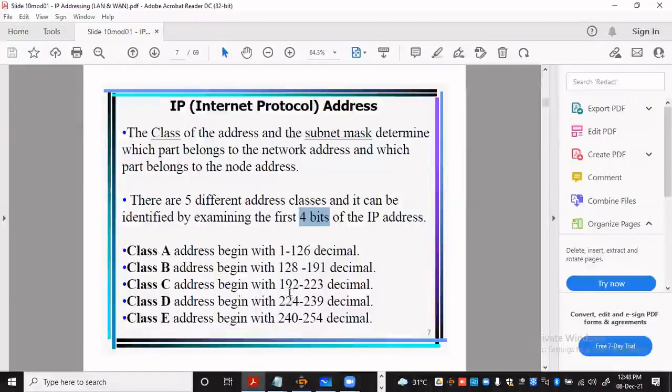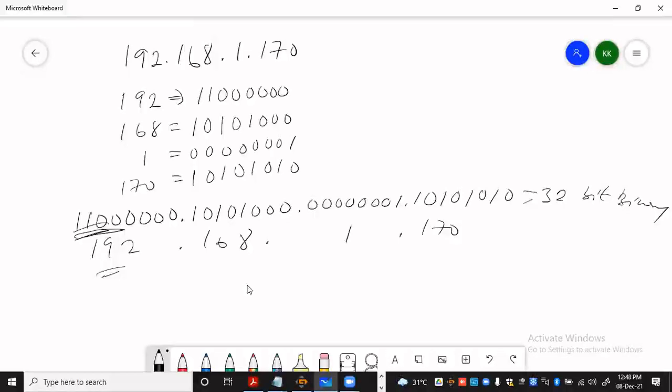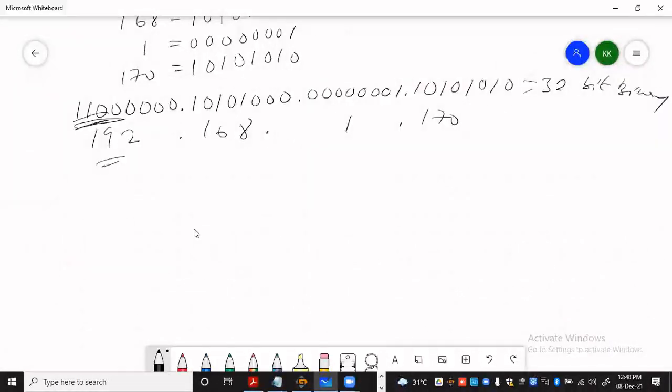The 192 belongs to a class C IP address. If I were to give you an IP address of, say, 92.170.10.5, what class does this IP address belong to?